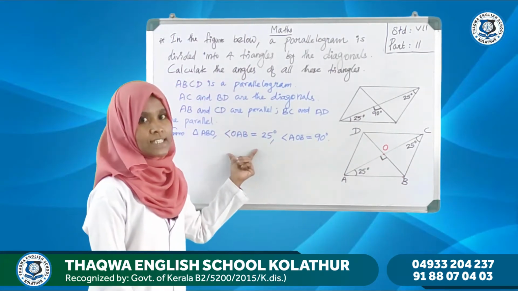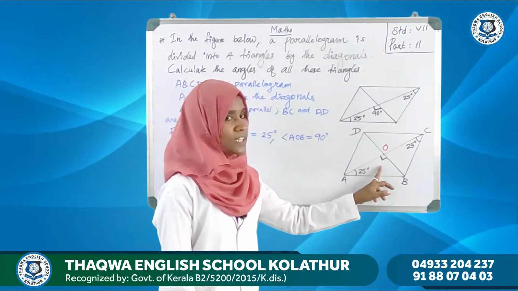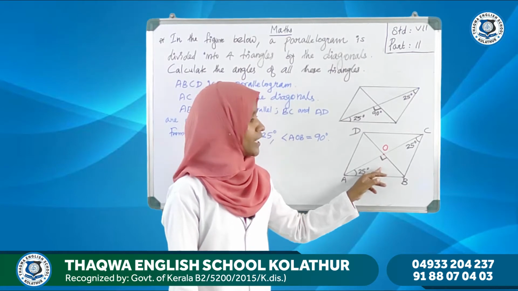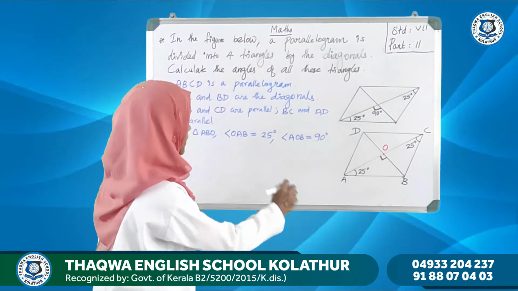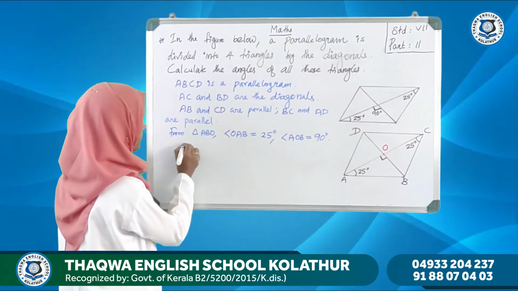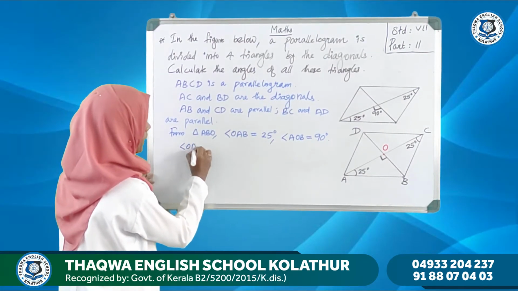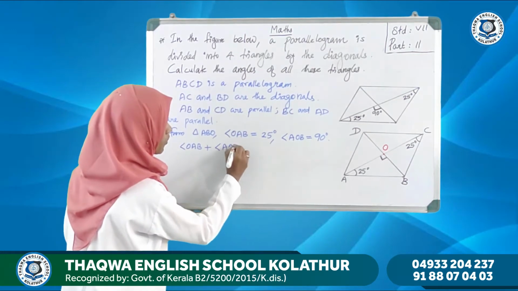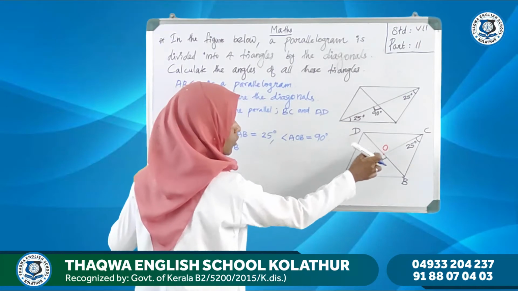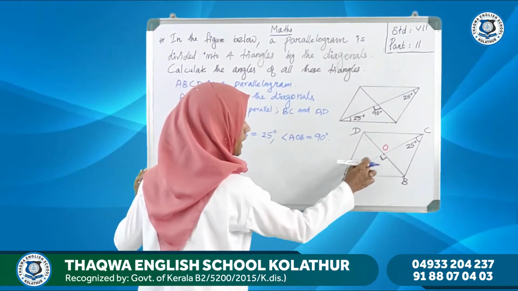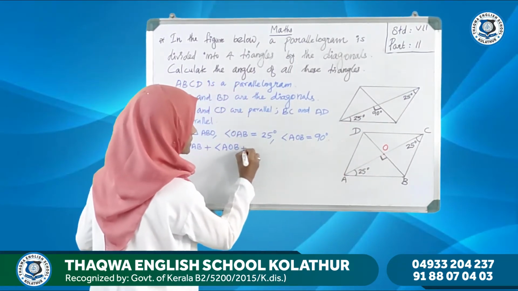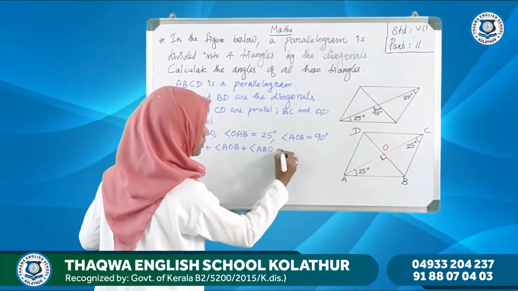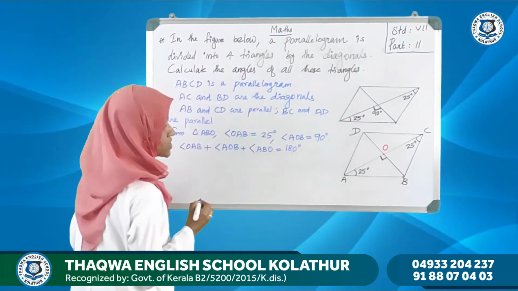Okay, we know that the sum of the angles of a triangle is 180 degree. So we can write angle OAB plus angle AOB plus angle ABO equals 180.